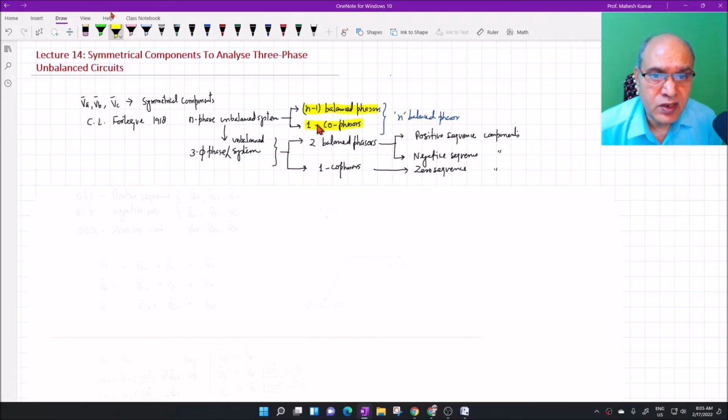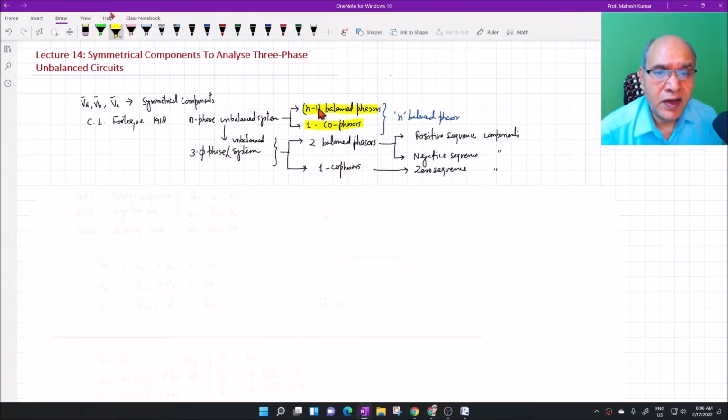But n-1 are balanced phasors, while the remaining one forms the co-phasors. The co-phasors is not called as balanced phasor because they are co-phasors, they are in the same direction, they have same phase angle. So this concept of n unbalanced phasors or n phase unbalanced system was applied to three-phase unbalanced system.